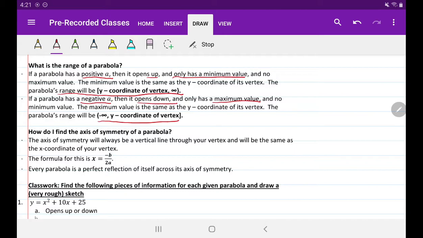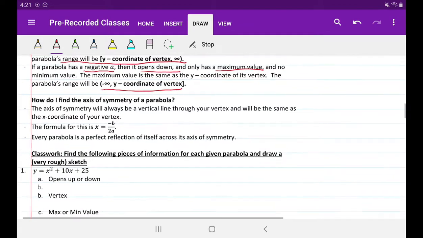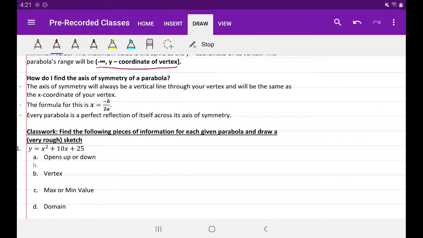Okay, so you just kind of flip-flop the order and which infinity you use, whether it's positive infinity or negative infinity. And so how do we find the axis of symmetry? Well, if you've already found your vertex, that's really easy. The axis of symmetry is just the exact same thing as the x-coordinate of your vertex, okay? So negative b over 2a.